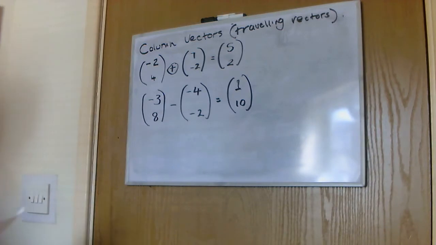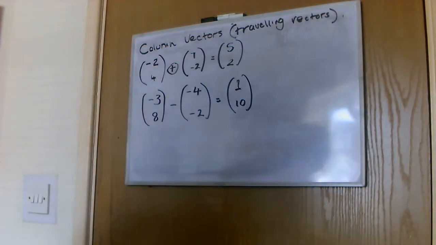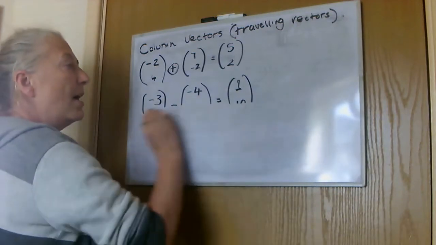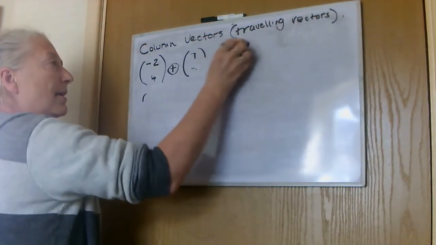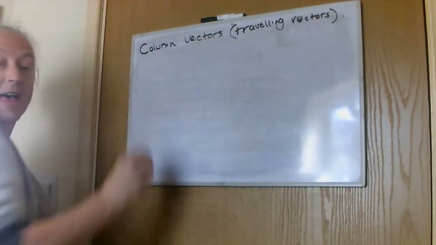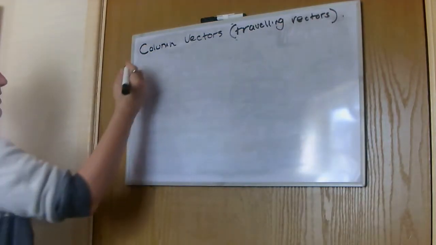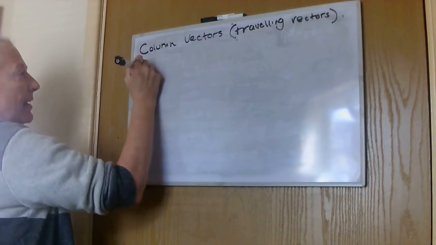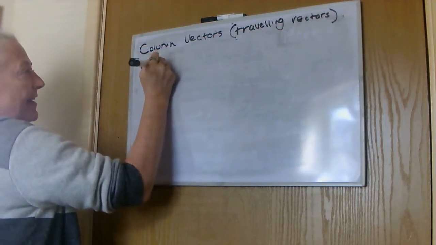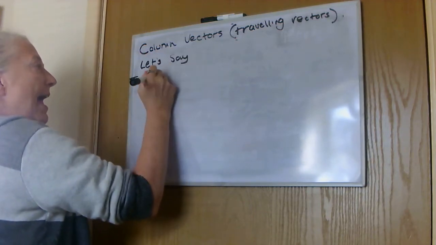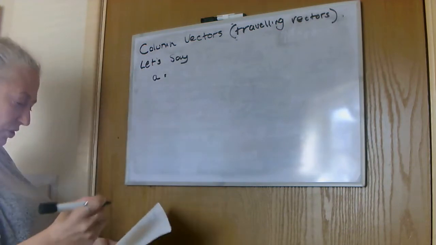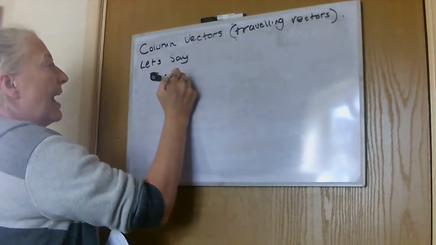Okay. We could also look at another one, and I've got a piece of paper in my hand all written out for you. So let's say A equals 3, 8.